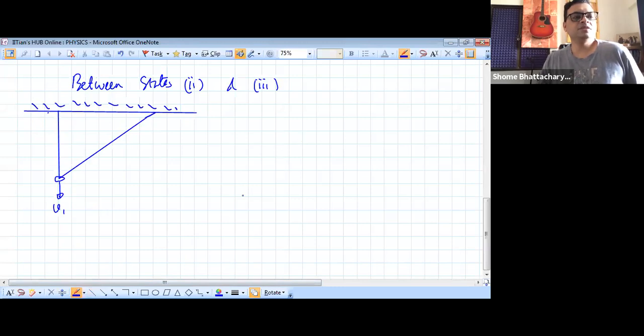And then what happens is that on the bead, there will be certain impulses which act. So those impulses will be like this. There will be an impulse J like this and an impulse of same magnitude J like this, but at this angle theta.